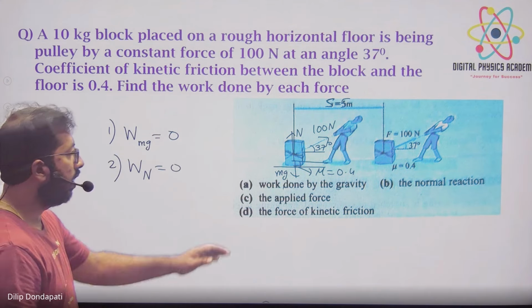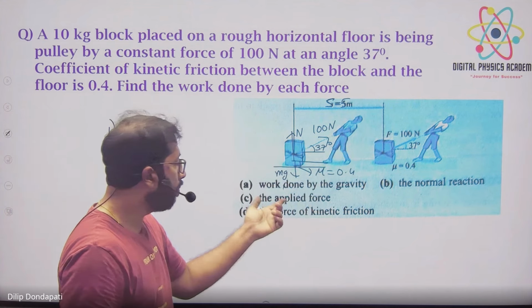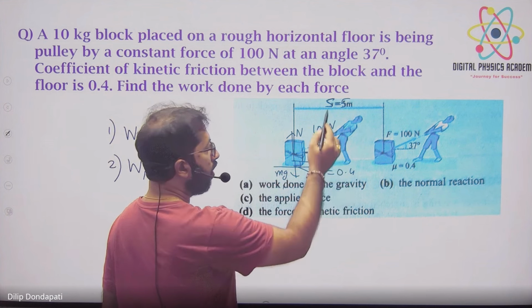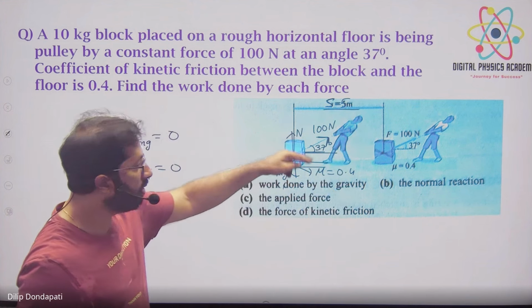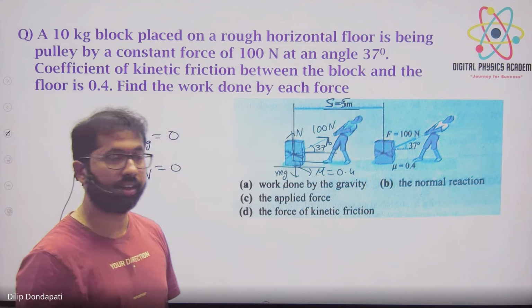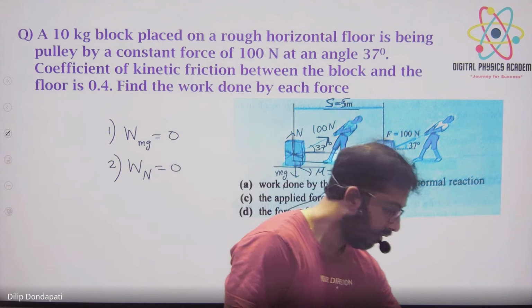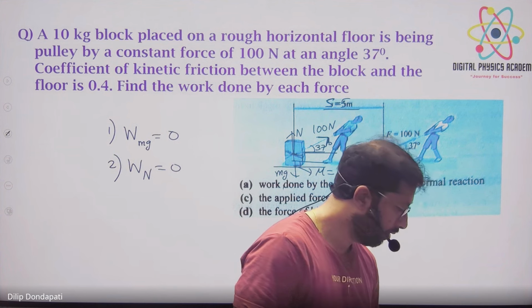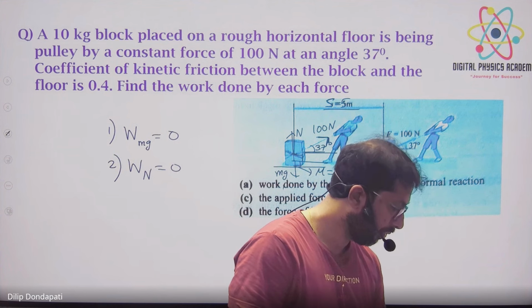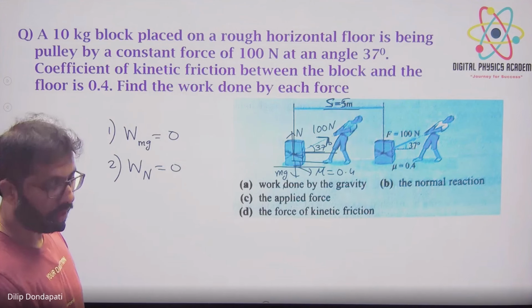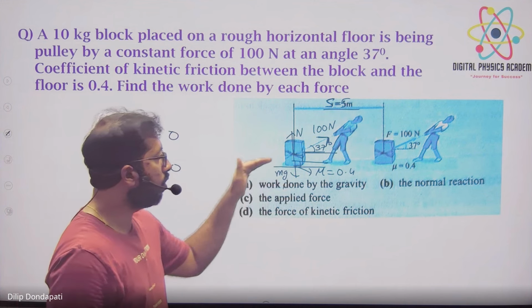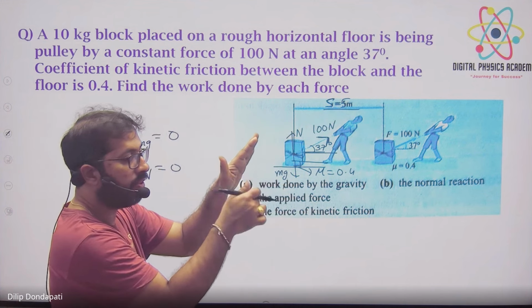Okay. Now ये वाला देखो, applied force का. I'm applying a force like this, right? Displacement is 5 meters, so angle between them is 37 degrees. Apply करो. Find work done. So won't it be 400? 400 joules. देखो ज्योतिष, force, displacement, angle between them is 37 degrees.